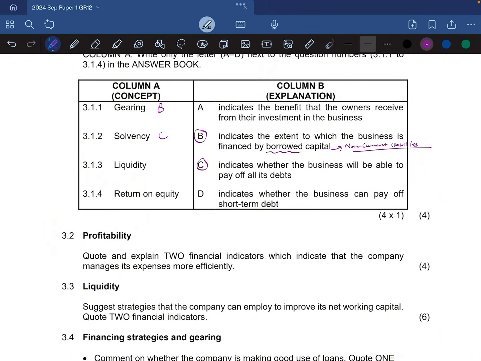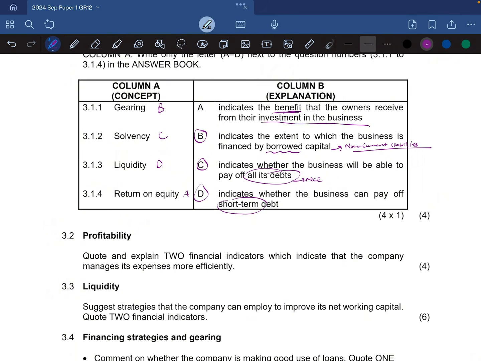Okay, so this is the huge difference between solvency and liquidity, because liquidity is short-term debt, and then solvency is all of its debts, including the non-current liabilities. Okay, so here we have D, and then the return on equity is what we receive as a benefit from our investment in such any business.